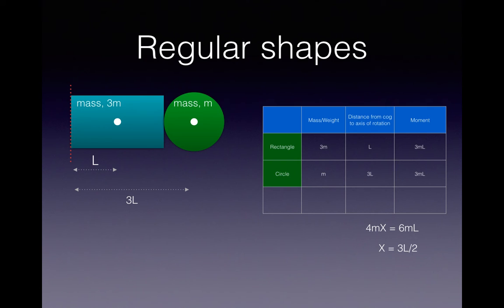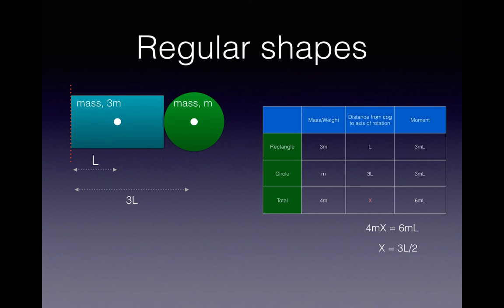So what we're now going to say is the sum of the two of those, which is 6ml, should be equal to the total mass multiplied by however far the centre of gravity of the compound shape is away from the axis. So total shape, total mass, 4m. Now we're looking for a value for where the centre of gravity is, so I'm going to call it a general value x. And we know that 3ml and 3ml give me 6ml.